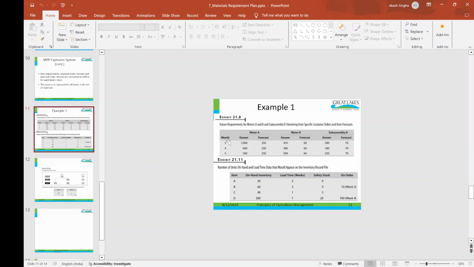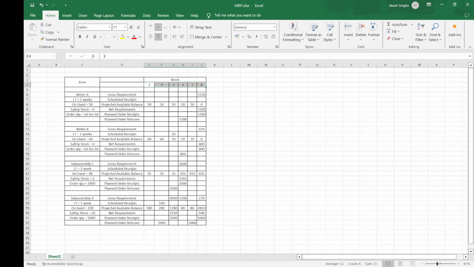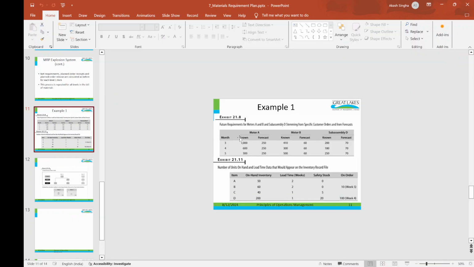So we have to have all of it by the end of the second month, which is the eighth week, as the requirement is in the third month.